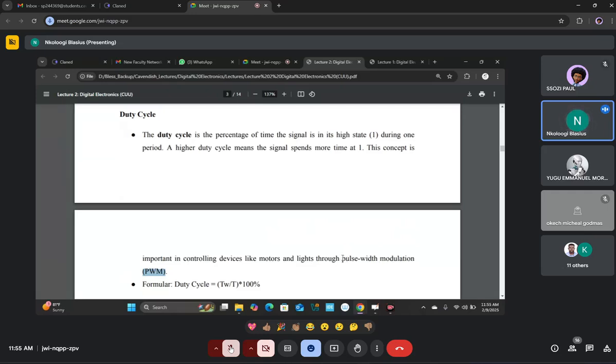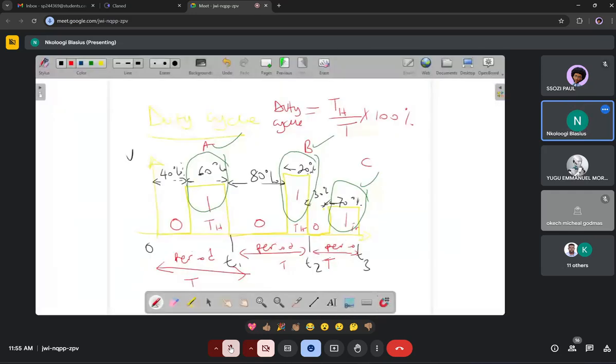Why are we bringing in pulse width modulation? Because pulse width modulation means you want to adjust the width of the pulse. Modulation means changing or modifying things.